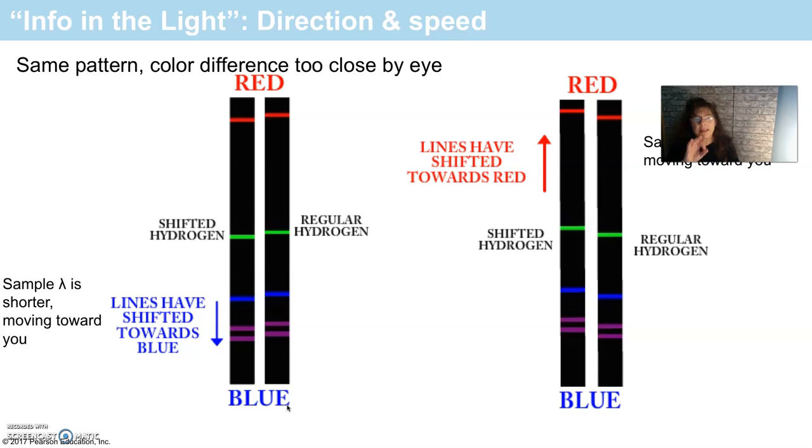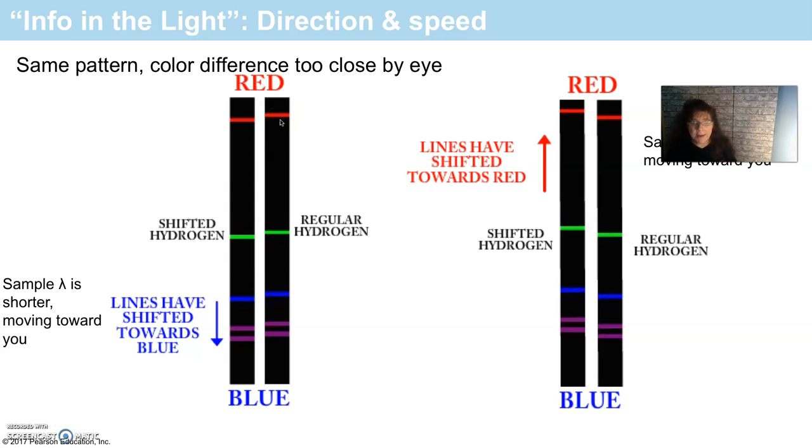When we look at this Doppler shift, this is the way it looks. Here is your standard of regular hydrogen. Okay, your standard purple and blue. There's even a little bit of green and red.